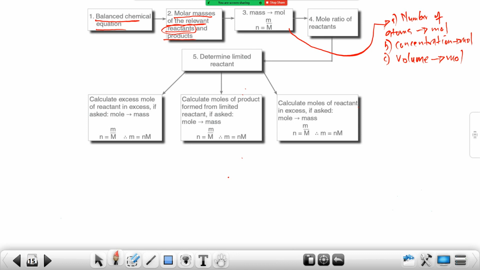So it was not a foolish move last week to ensure that you are able to calculate the number of moles for any given information.